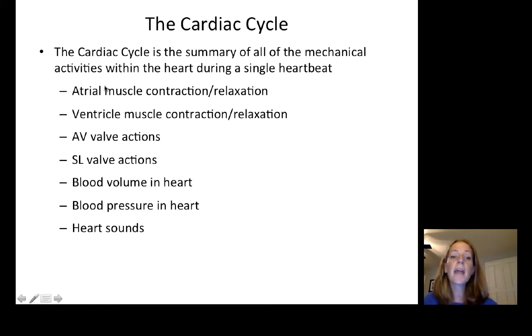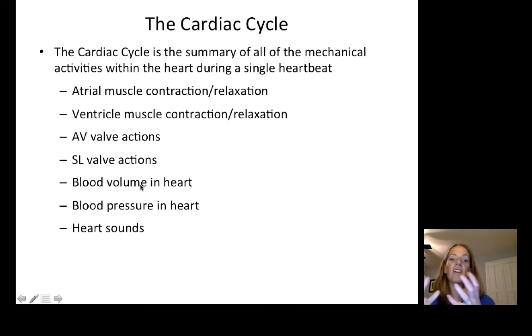So first we have atrial muscle contraction relaxation, ventricle muscle contraction relaxation, and these have to be coordinated. They will also be coordinated with actions of the valves, and I want you guys to keep track of what's happening in the atria, what's happening in the ventricles, when are the valves open and closed, and what are the different volume levels in the heart.